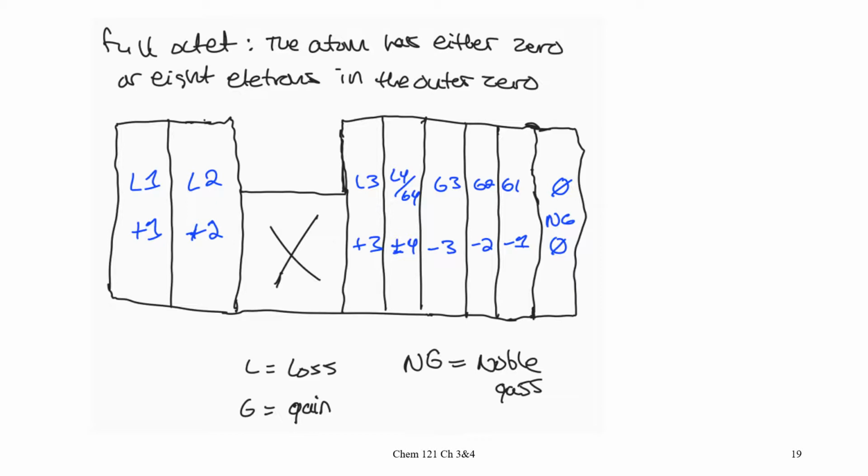We have this key on the bottom where L is lose and G is gain. So for the first column, we're +1, +2, -3, plus or minus 4, -3, -2, -1, and then we have our zeros for the noble gases.